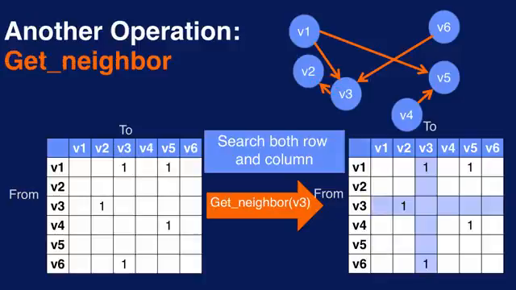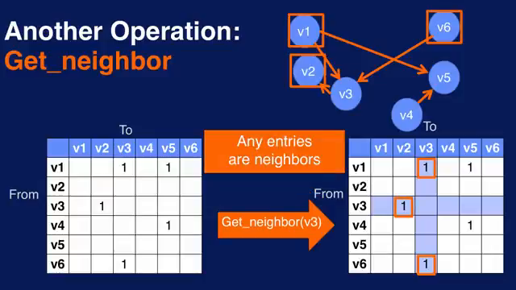Another operation. I want to get the neighbors of V3. This will be a little more complicated. I'll look at the row V3 and paint that row, and I'll also look at the column V3 and paint that column. If we go down the row of V3, we'll get V2. So V2 is a neighbor. And if we go down the column of V3, we'll get V1 and V6.